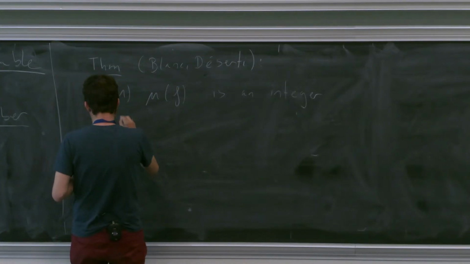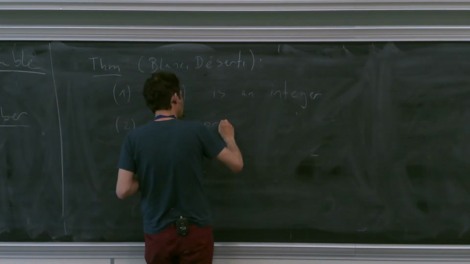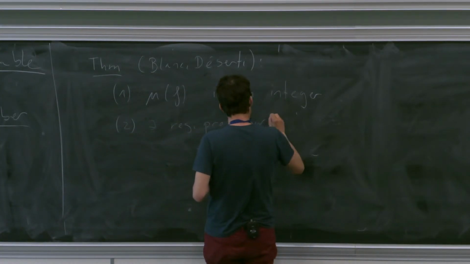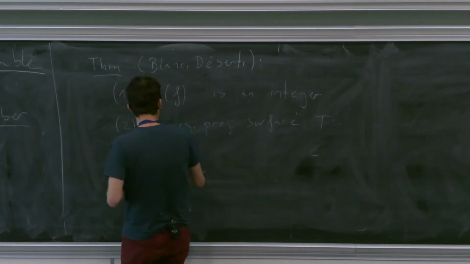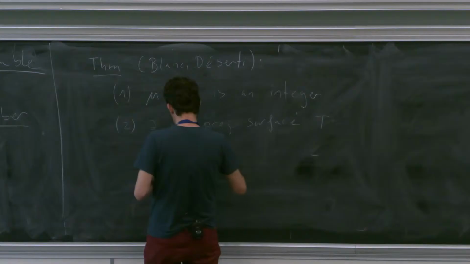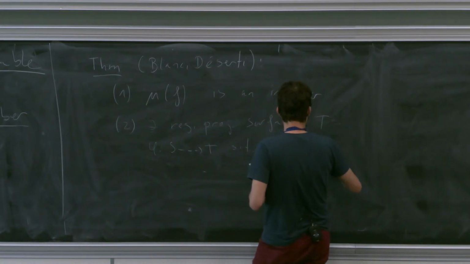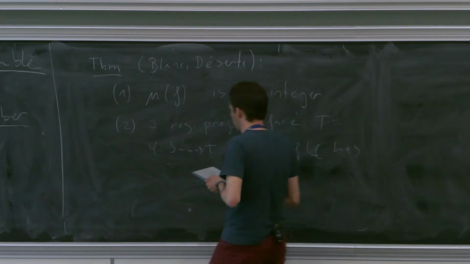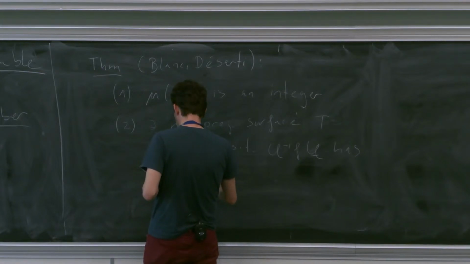And second, there exists a regular projective surface T with a birational map phi from S to T, such that phi inverse f phi has exactly mu f base points. So this dynamical number of base points is realized on some surface.